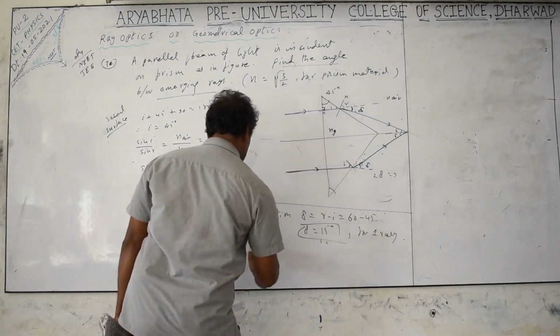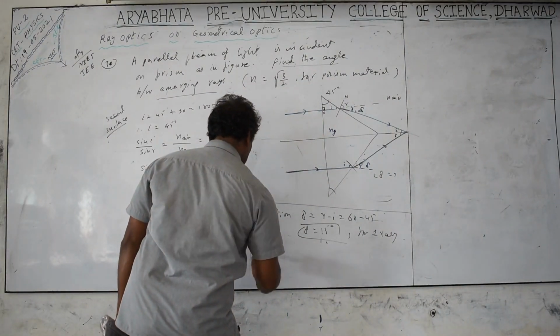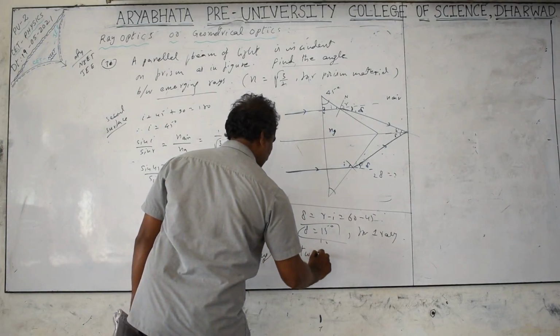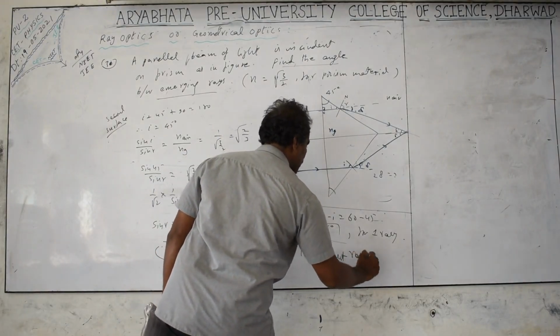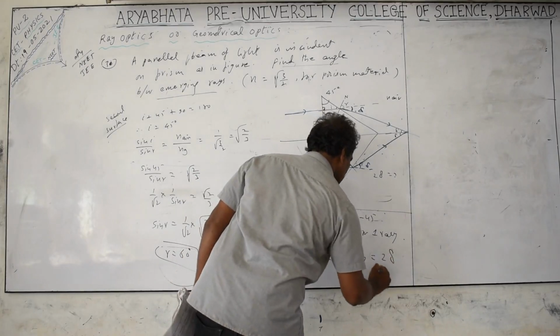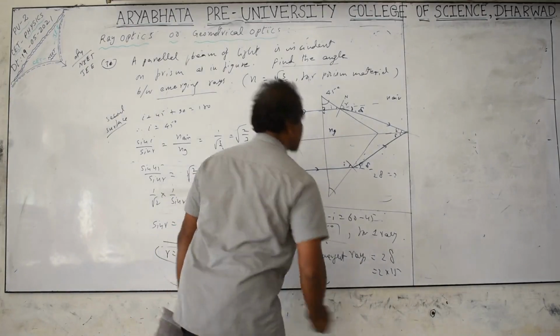For two rays, the angle between two emergent rays is equal to 2 times delta, which is 2 into 15, so the answer is 30 degrees.